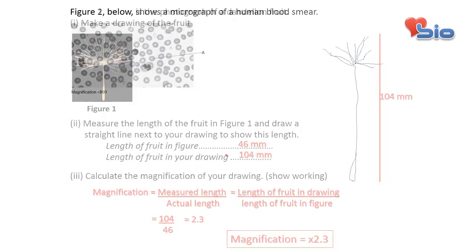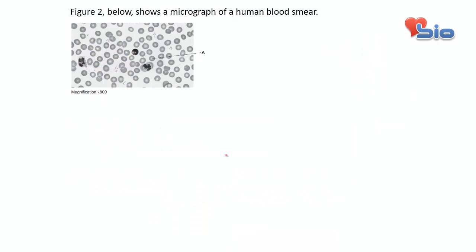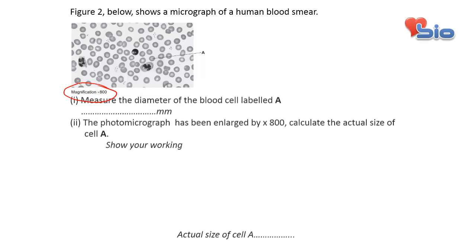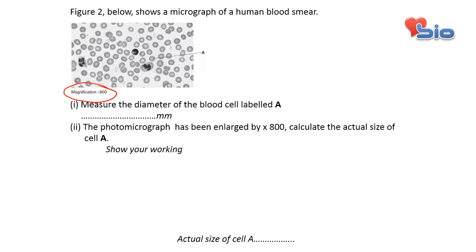Okay, taking another example. Here's a different one. This shows a micrograph of a human blood smear. What you should be looking out for is any information that has been given, like this. And here's the question. It says, measure the diameter of the blood cell labeled A. Now, fortunately, this is a circular one. So, however you measure it, you should get the same size.